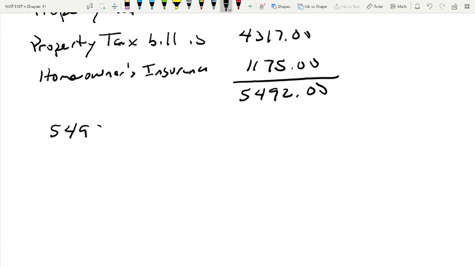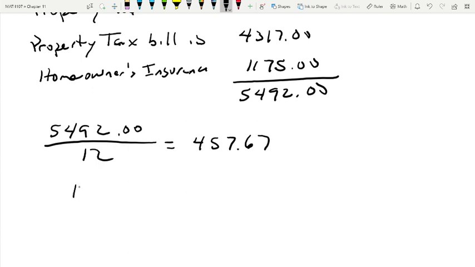These kinds of things get tacked onto your escrow, is where they collect that extra money and they use that money to pay off these things like your property bill and your homeowner's insurance. So that number comes out to be 457.67. And that number would be tacked onto your mortgage payment.